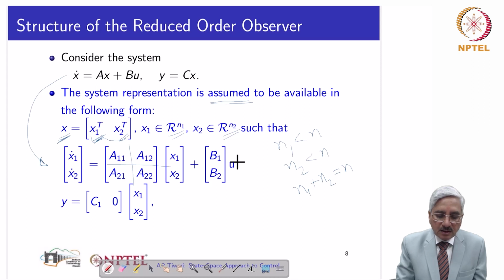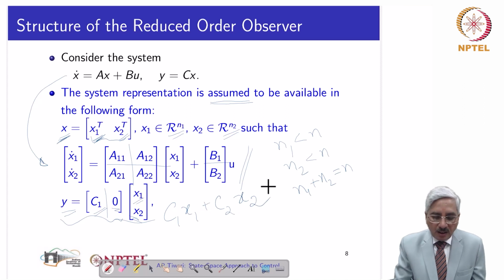First one is here. Now it's not very clear what we want from the state equation, but it should be clear from the output equation. In this form, we see that the output is C1 times x1 plus C2 times x2, and this C2 is equal to 0.